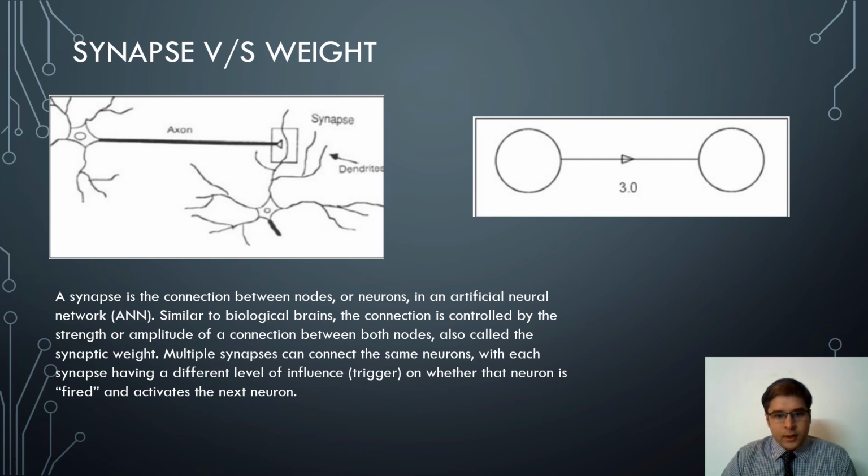But in case of ANN, we pass on the signal based on a synaptic weight. Weight is defined as a value that decides whether or not to fire the output from the input neuron to the second neuron. So the connection is controlled by the strength or amplitude of a connection between both nodes, also called the synaptic weight.